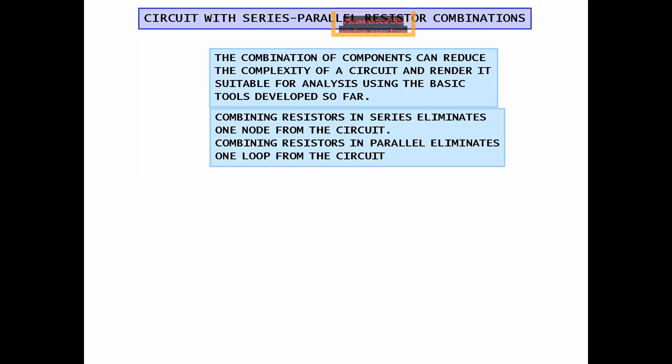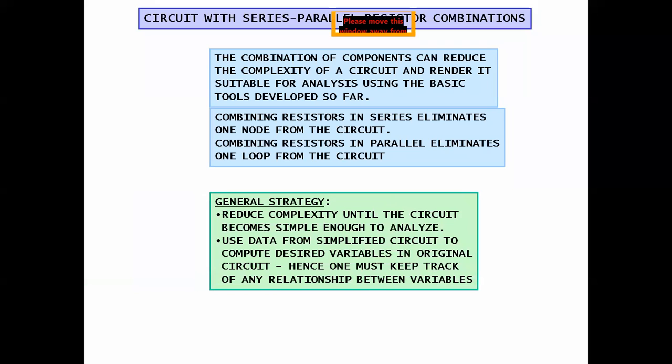Combining resistances in series eliminates one node from a circuit. This is very important, just remember this. Combining resistors in series eliminates one node from the circuit. Similarly, combining resistances in parallel eliminates one loop from the circuit. So these are the general strategies.